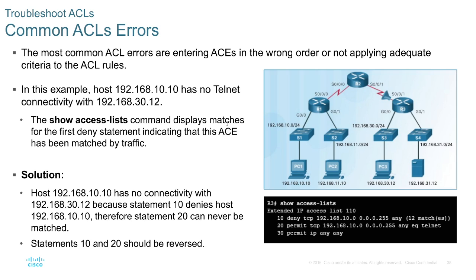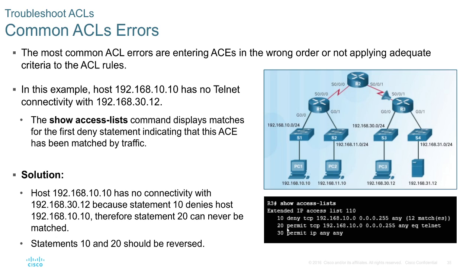So when it comes to the common errors that we may encounter with ACLs, one is that we enter the ACEs in the wrong order. For example, say we have a deny statement first that is denying anything, and then we have a permit for telnet. Here, even if it is a packet for telnet, because it is any, it will match with the deny and be denied.